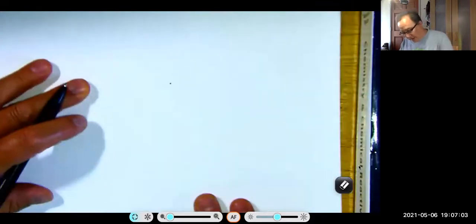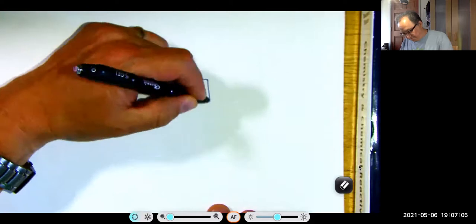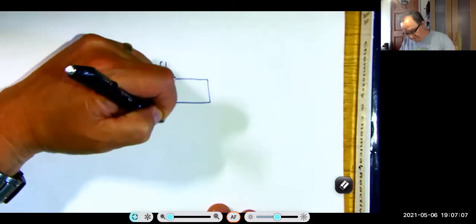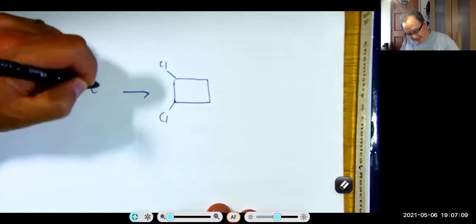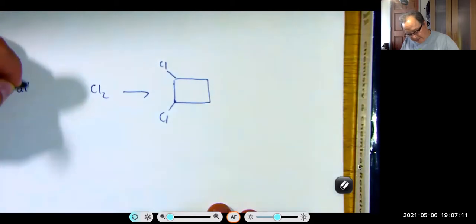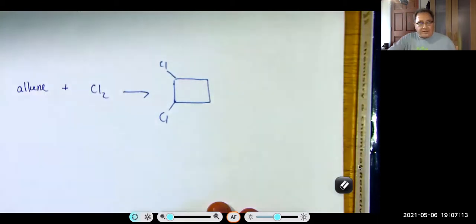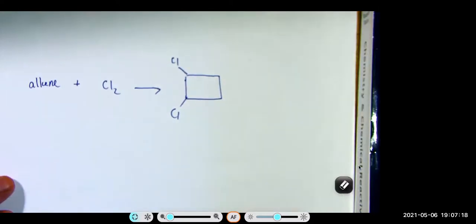if this is your product, and I say this is an alkene, you better be able to draw it. So what's the alkene look like? Go ahead and draw it. Okay.